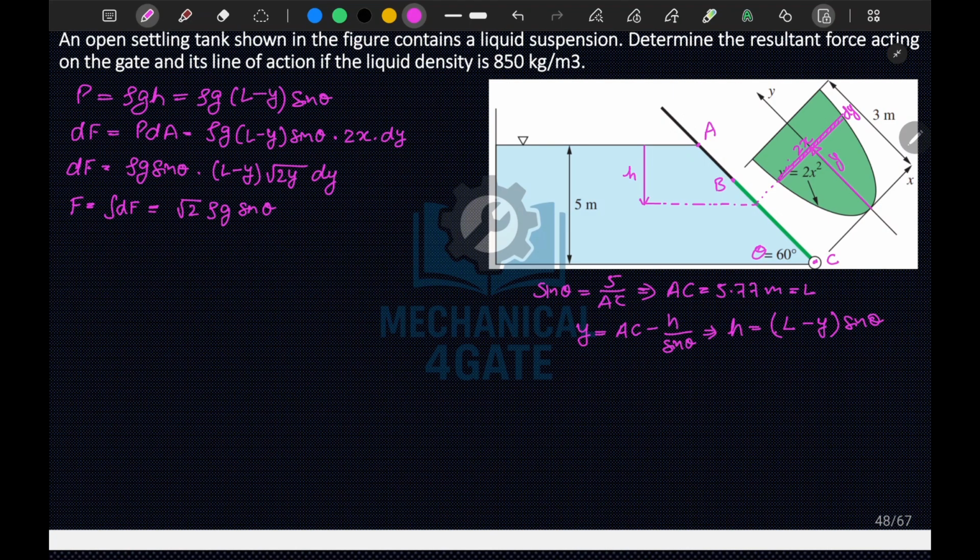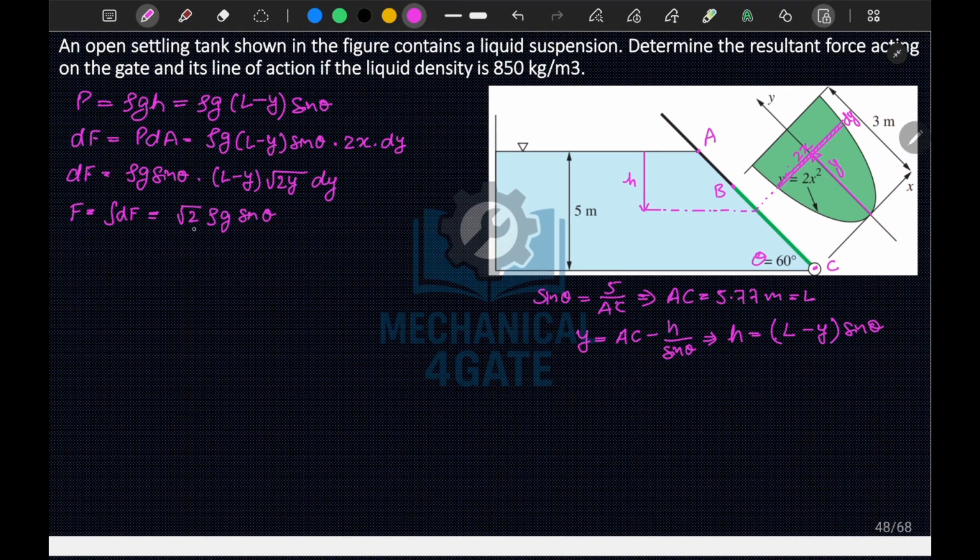Since these terms are constant, the variable here is L minus y times root y dy. If I talk about the limit of y, y is from 0 to 3.